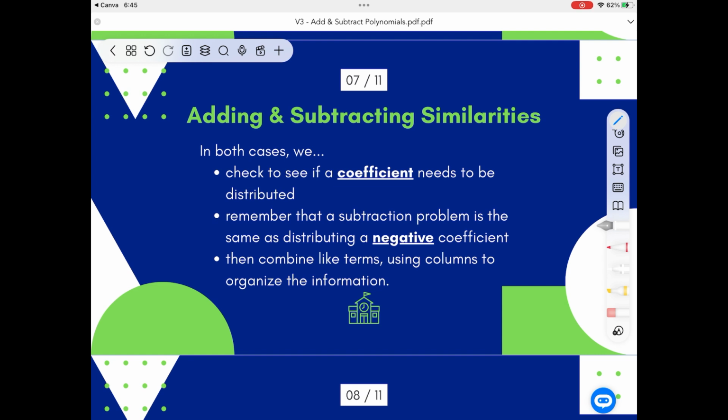If you don't see a number in front and just a minus, you can think of it as distributing negative 1. And then finally, you combine your like terms using the columns to organize the information and then write out the final expression. So that kind of summarizes the basic idea behind adding and subtracting polynomials and their similarities.